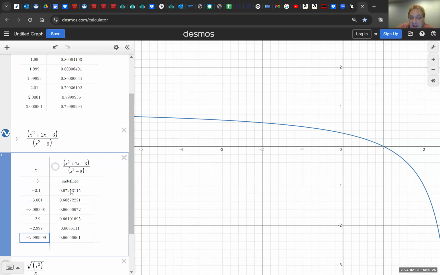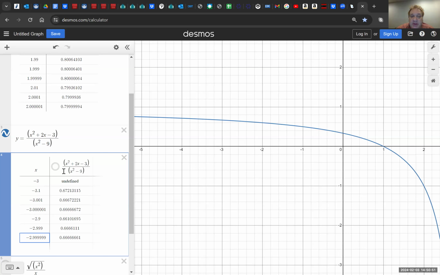Do the sequence of values get closer and closer? 0.67, 0.6667, 0.666667. Yes, and likewise 0.666661. So I can see from the sequence of values that it seems to be getting closer and closer to 0.6 repeating. 0.6 repeating is, I think, equivalent to 2/3, if you remember your fraction decimal equivalents.